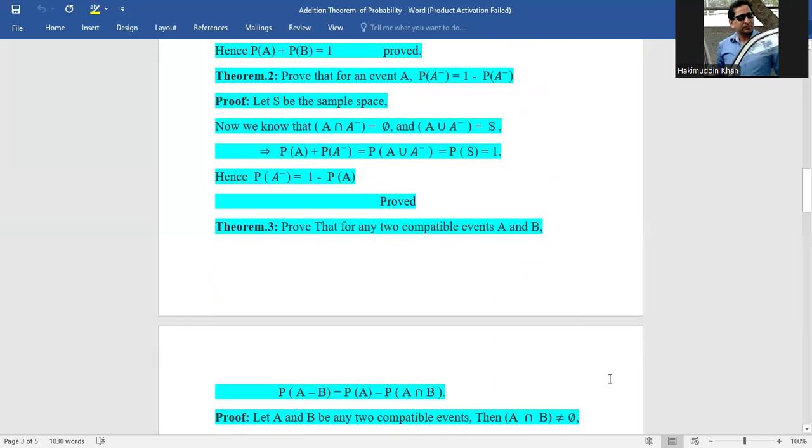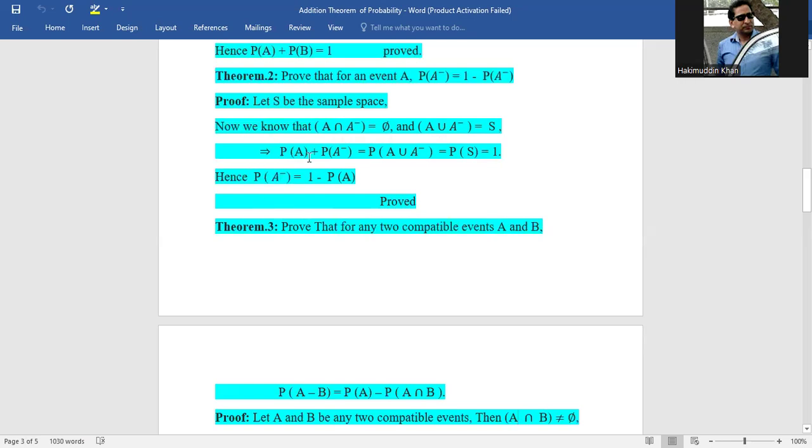और theorem number 2 आप देखिएगा. Prove that for an event A, P of A complement is equal to 1 minus P of A. Again, how do we prove this theorem? Let S be the sample space. Now we know that A intersection A complement is equal to phi and A union A complement is equal to S. ये क्या implies करेगा?